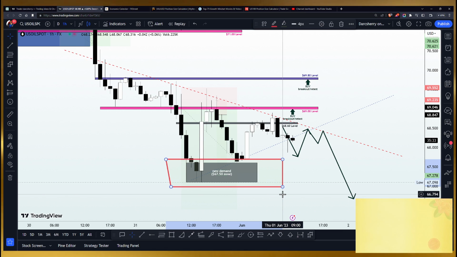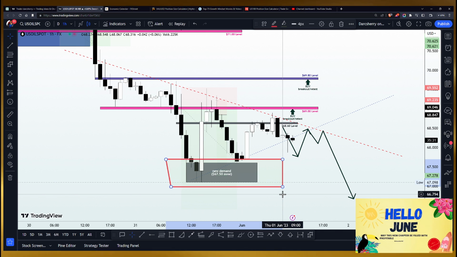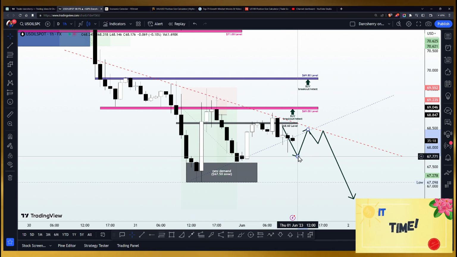So if we start seeing buy pressure around the $67.50 zone, we look out for opportunities to buy, and if we see a breakdown of the $67.50 level, we then look out for opportunities to sell. So this is basically what we are going to be doing on the US oil spot today.